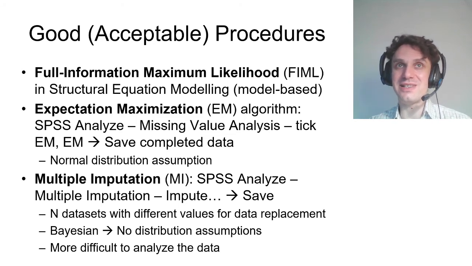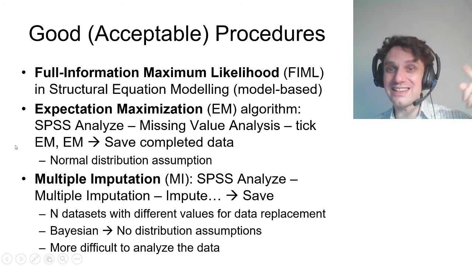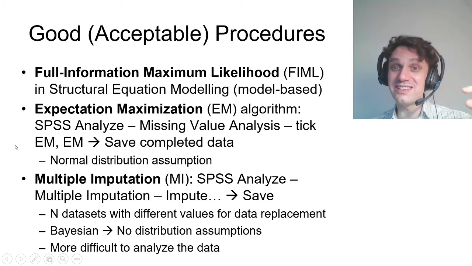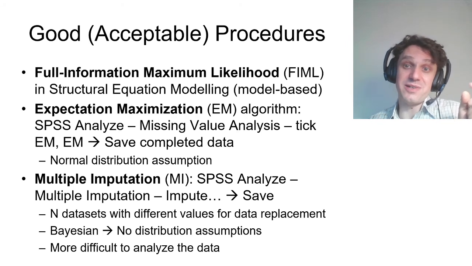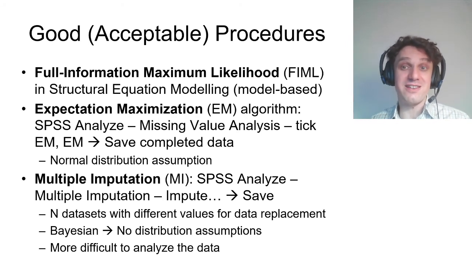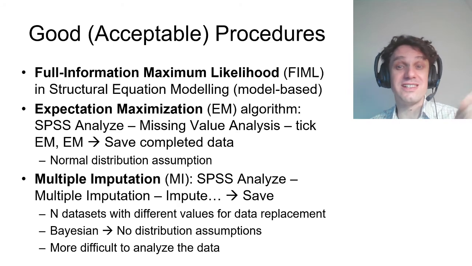So in SPSS, you can basically tick save completed data, and you will get a data matrix with missing values replaced with plausible values, values that SPSS kind of expects should be there. These plausible values will be fractional, even if your original value is an integer.